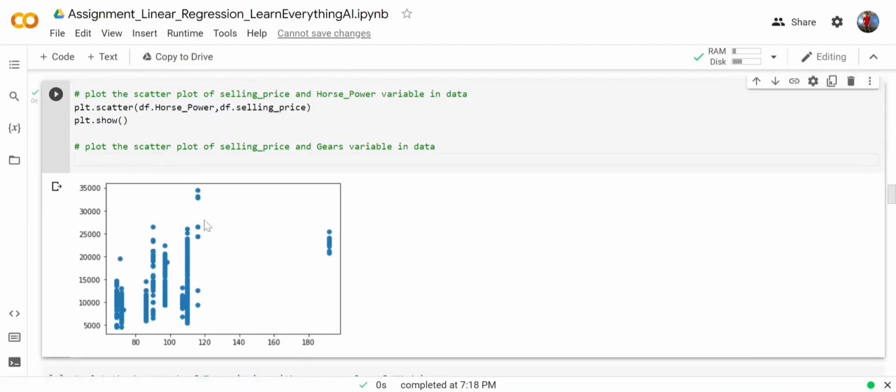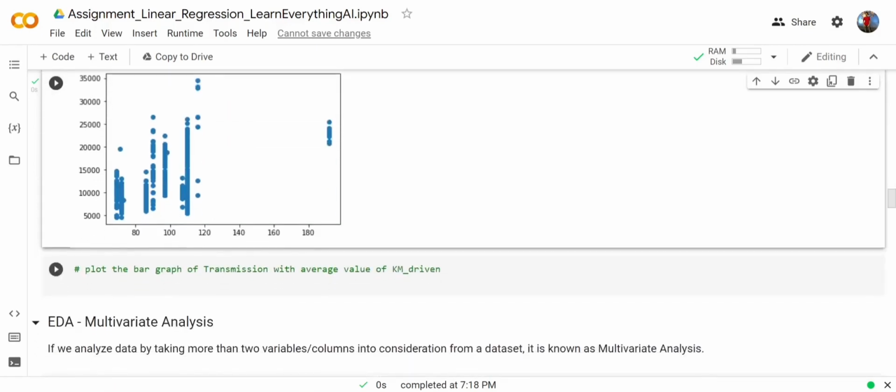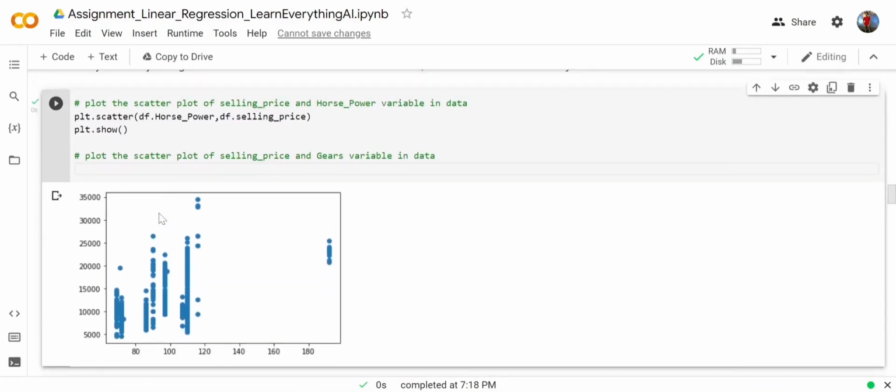So this is the general scatter plot of the horsepower variable and the selling price, like how exactly they fare against each other. We can see on the x-axis the horsepower. Cars having 80 to 100 horsepower have a very large density around 25,000 selling price, and the cars that have a horsepower of above 100 are generally very high in price, that is 25,000 or more. So this is one good analysis that we can make.